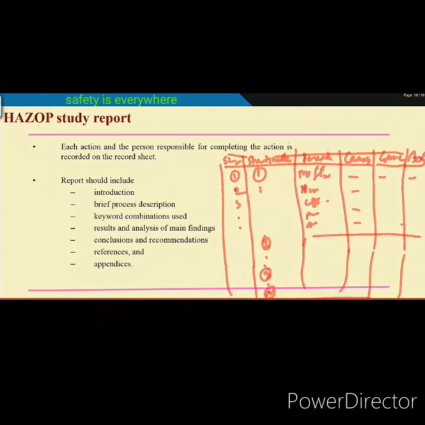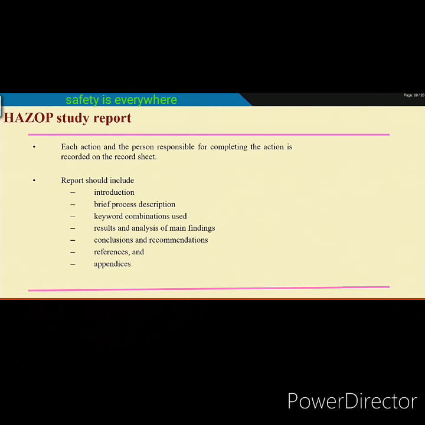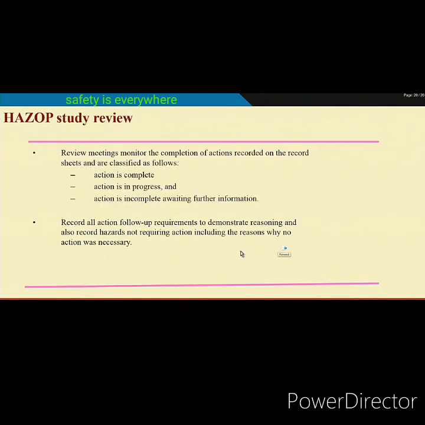Another one is that you can put under remarks also, if any of the actions are implemented, that will be closed, if not implemented it is open. Okay. So, I hope that you got a brief idea about HAZOP study, and it is really a scientific study and it is a difficult study.